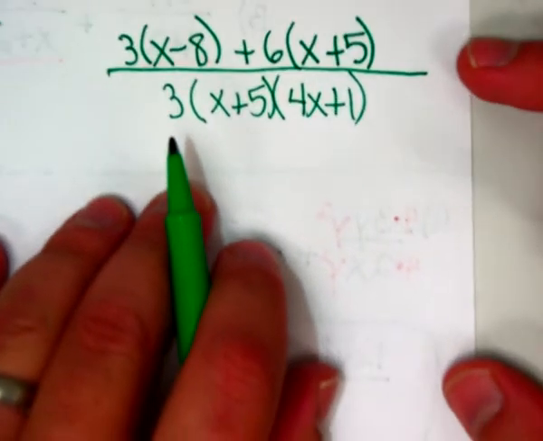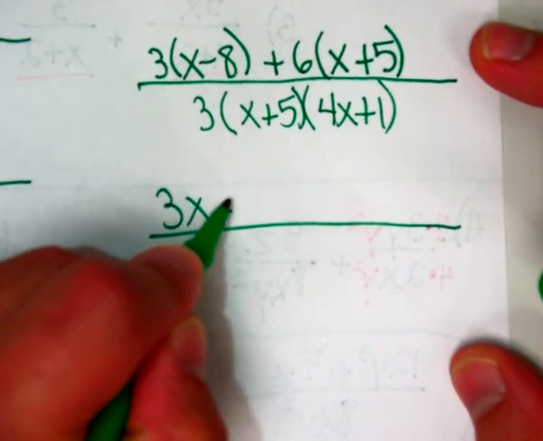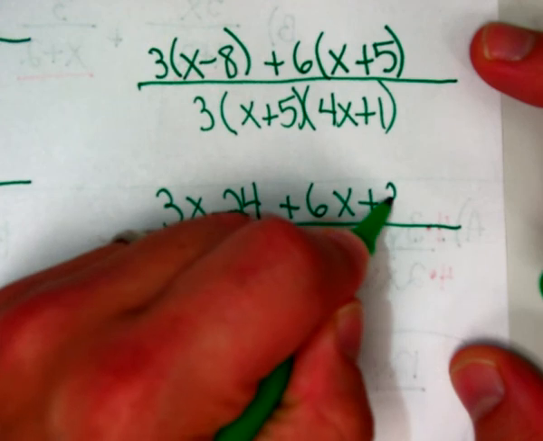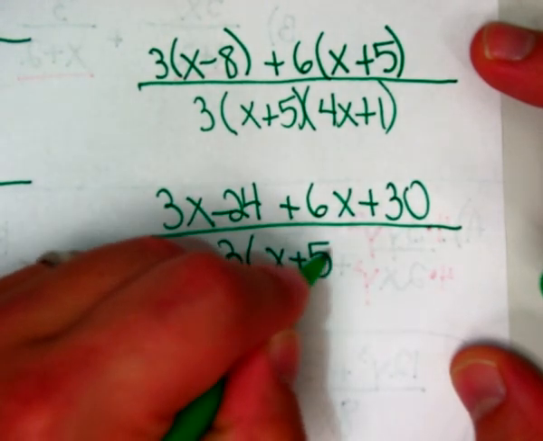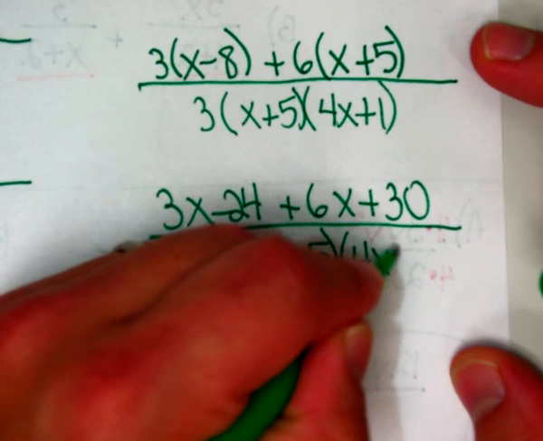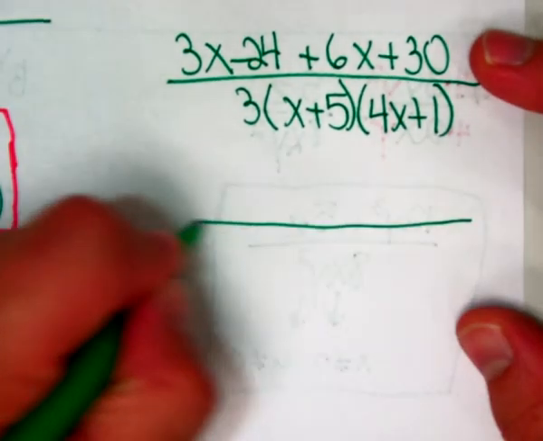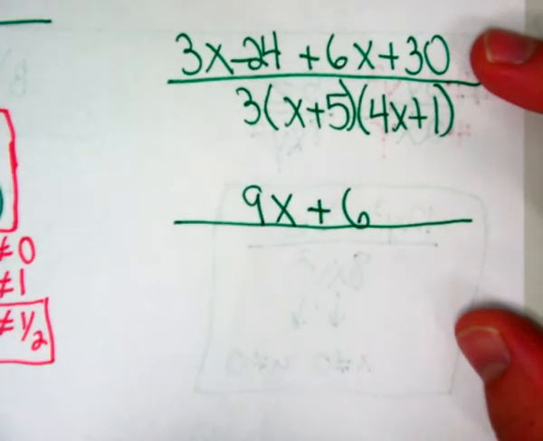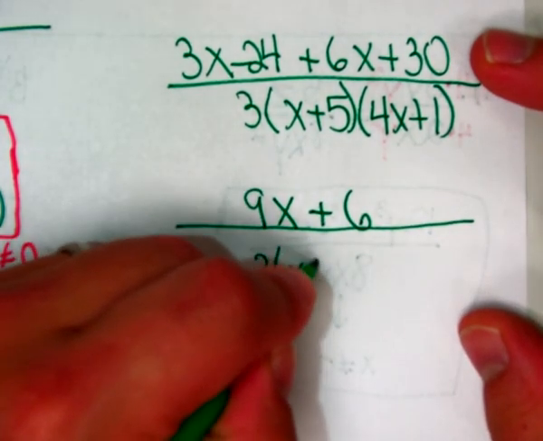Let's go ahead and keep simplifying. We have 3x minus 24 plus 6x plus 30 over 3 times x plus 5 times 4x plus 1. Combine like terms here. We have 9x plus 6 over 3 times x plus 5 times 4x plus 1.